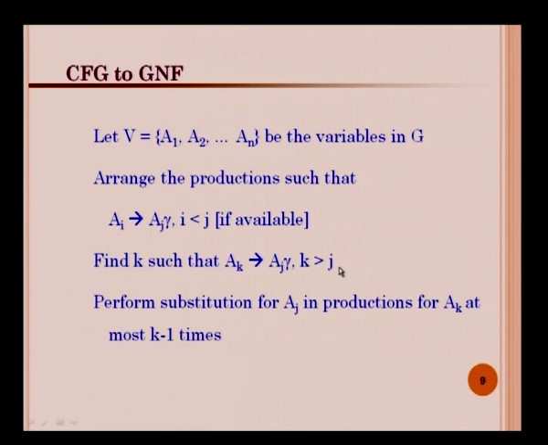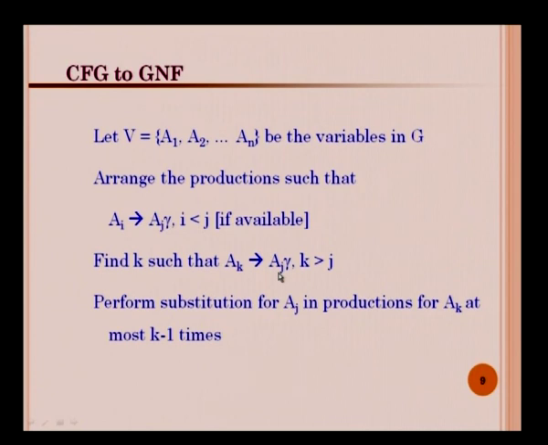And this substitution may happen at most k minus 1 number of times, because the kth symbol is on the left hand side and the right hand side has an order j, which is less than k. So the number of substitutions we can make is at most k minus 1.